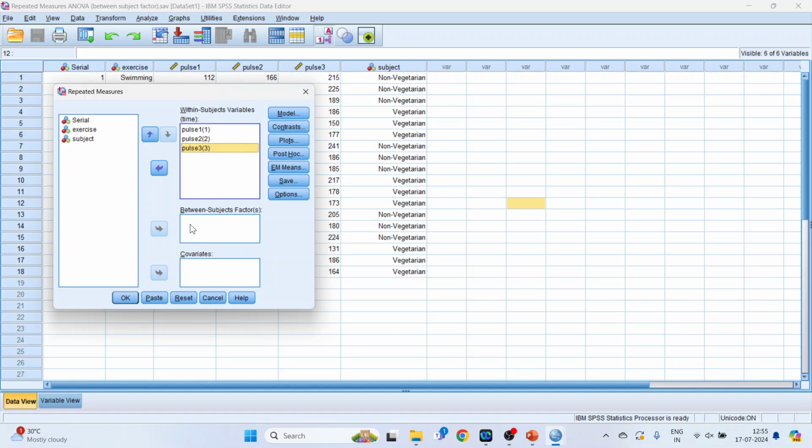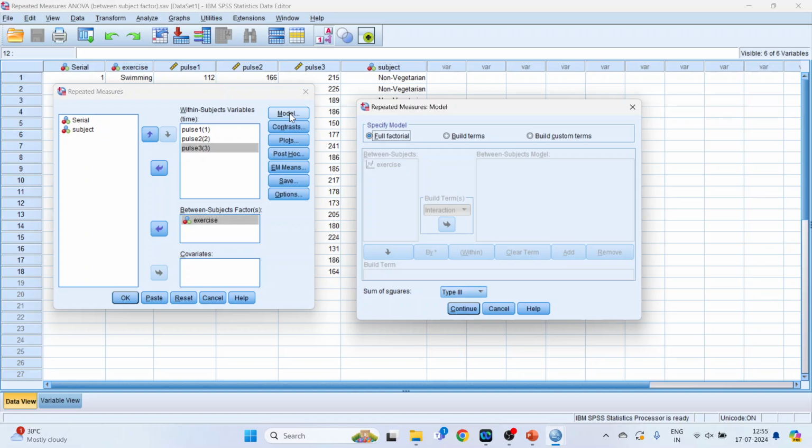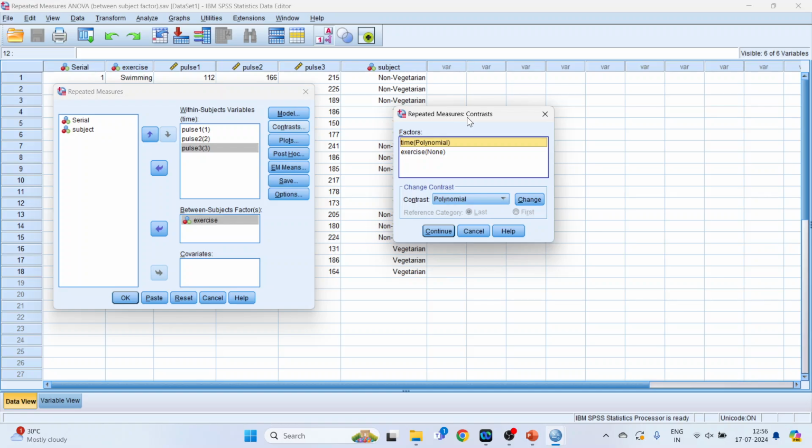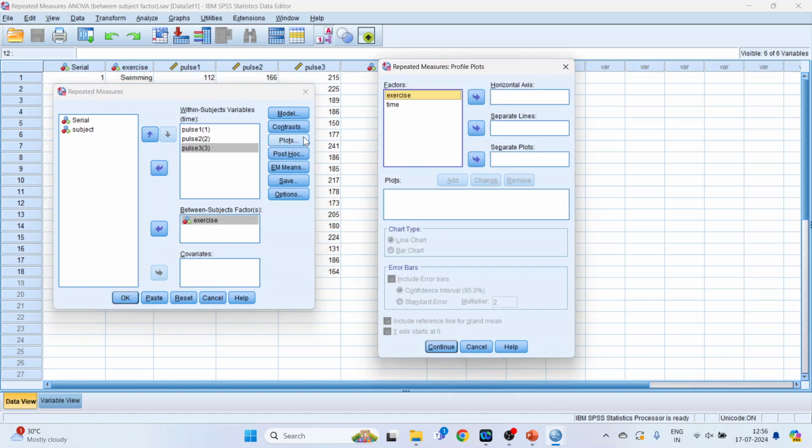In this video, we are going to discuss between subject factors. So I will include the exercise here. Click on Model, keep the things as it is, no change, continue. Contrast, keep the things as it is, no change, continue. Plots: transfer exercise to horizontal axis, add; time, add.